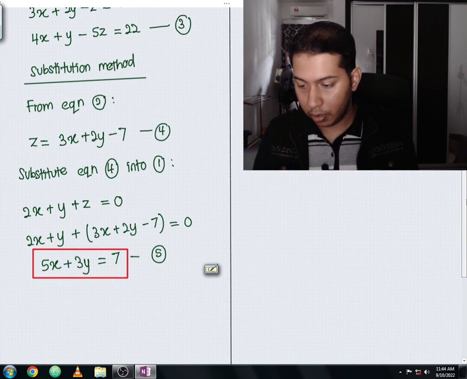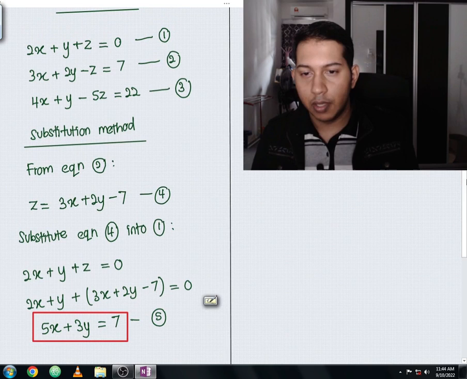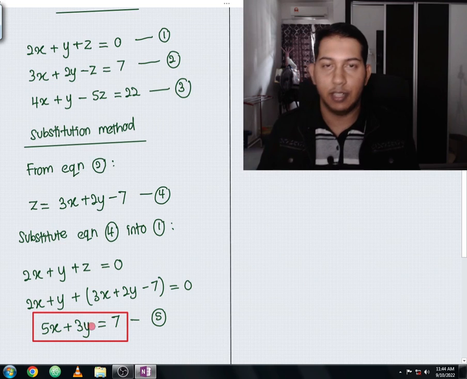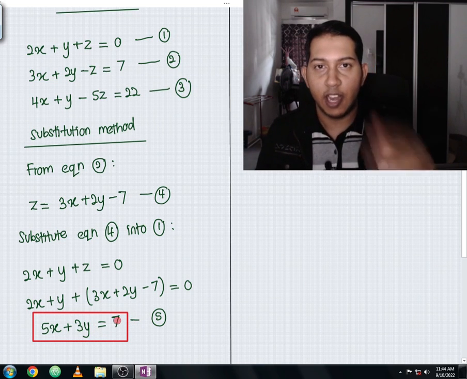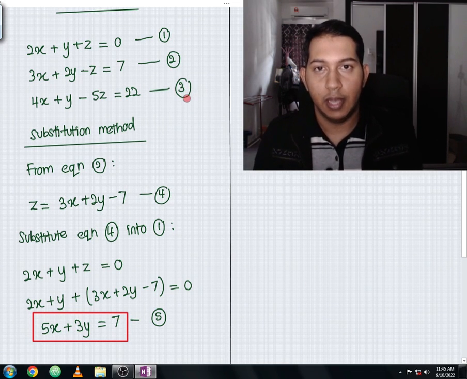So now our next step is we can substitute equation 4 into equation 3. At first we used equation 4 substituted into equation 1, and that's how we formed this 5x plus 3y equals 7. Now, using this equation 4, we're going to substitute into equation number 3. I hope you understand my explanation.